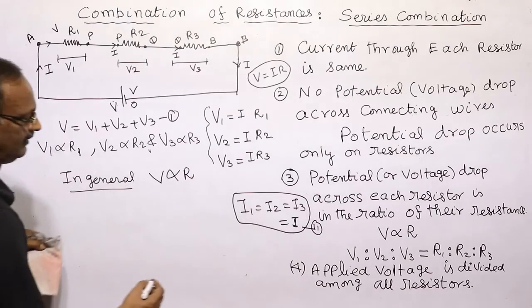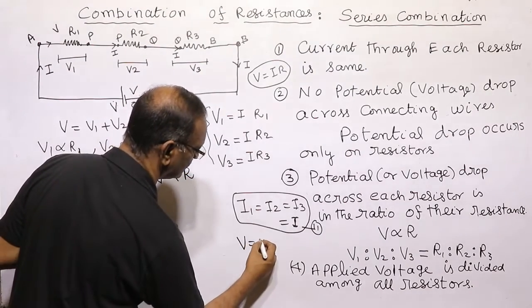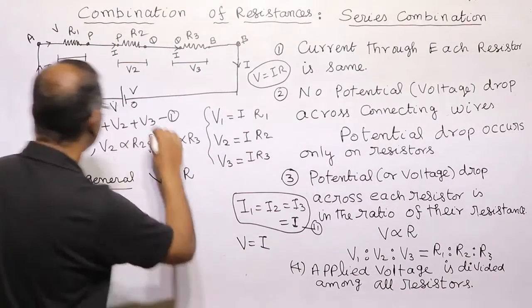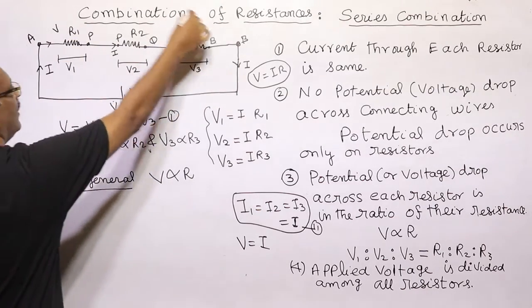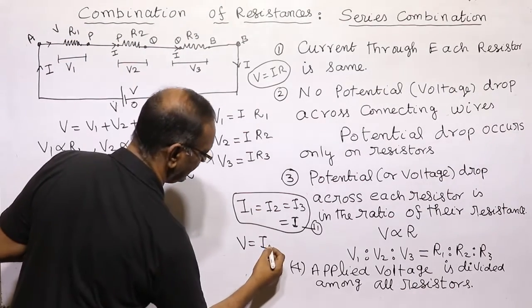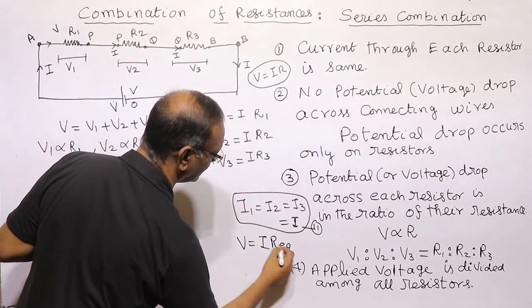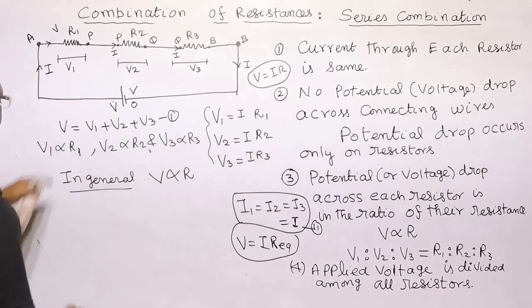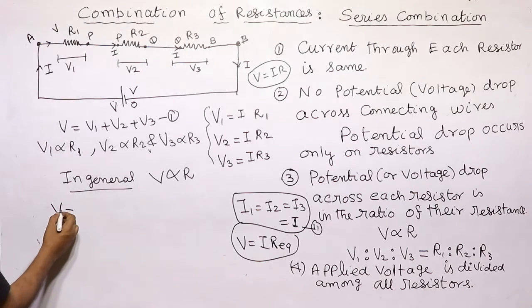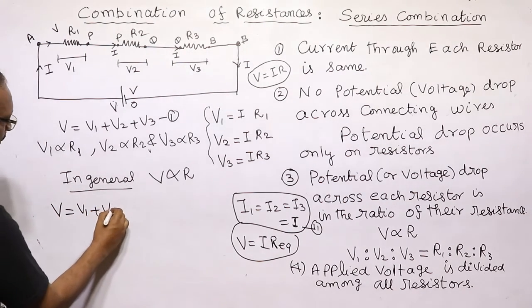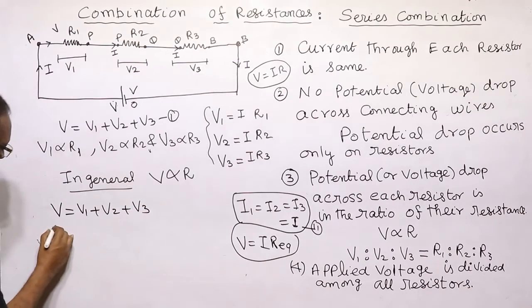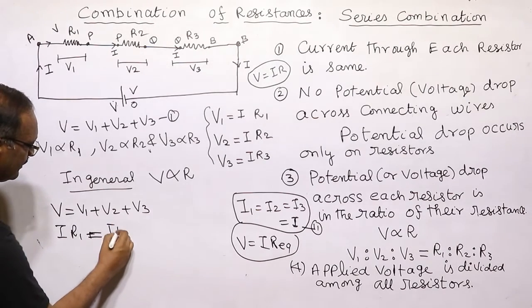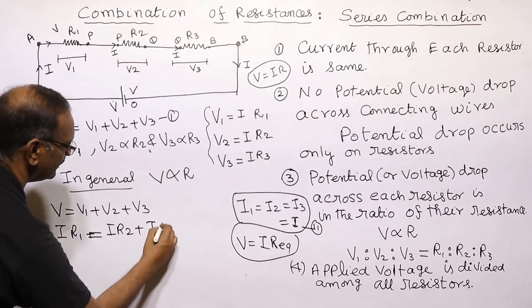In this case, what is V? We can call it V is equal to the total current, that is the current flowing, and the resistance across all this, that is nothing but the applied voltage: I into R equivalent. V is equal to I into R equivalent. So from this equation we write V is equal to V1 plus V2 plus V3, or I into R1 plus I into R2 plus I into R3.